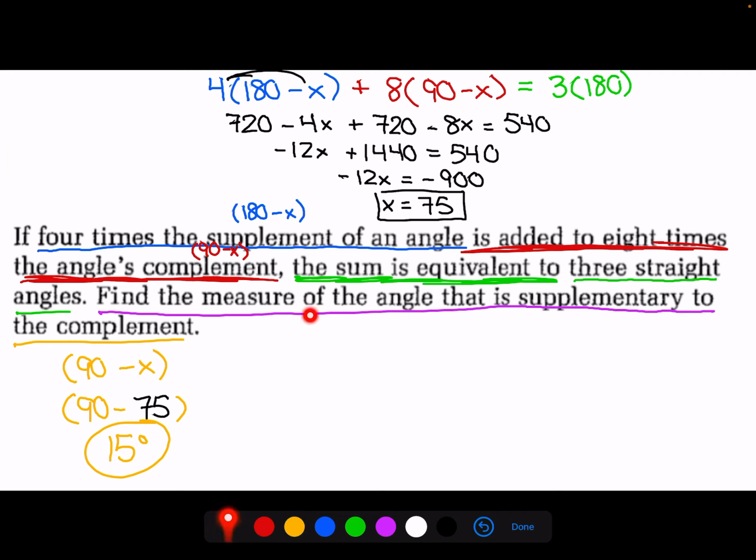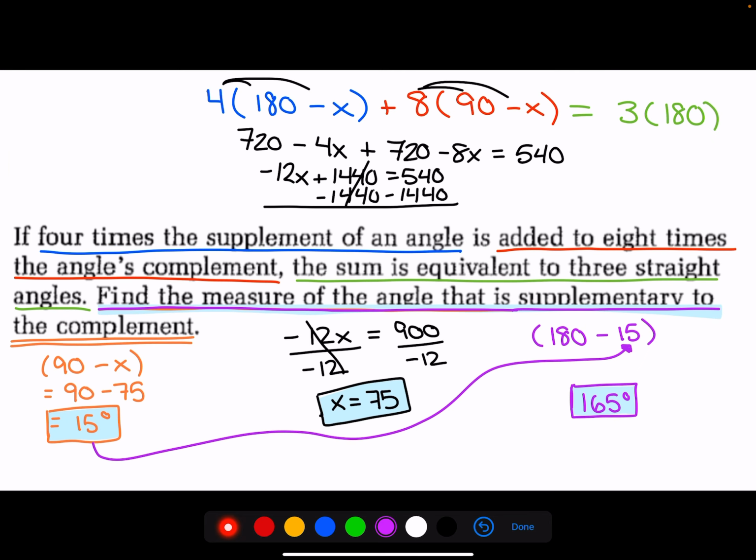We want to find the measure of the angle that is supplementary to 15 degrees. So to find that supplementary angle, that'd be 180 minus our complement. That'd be 180 minus 15, which will give us our final answer of 165 degrees. And that's it.